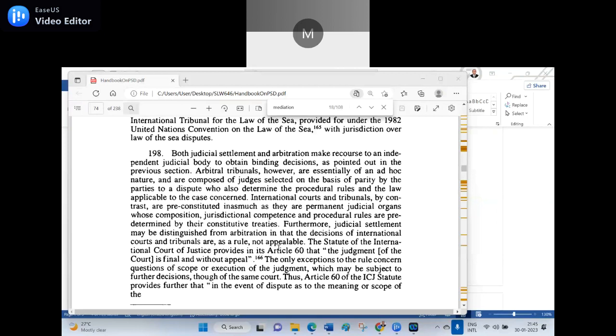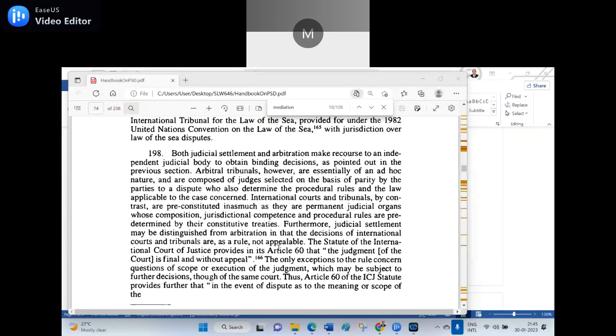Am I right? In the same manner, both are binding. Arbitration can be done by regional agencies or a special tribunal established by the charter, protocol or treaty. It will deal with the cases.